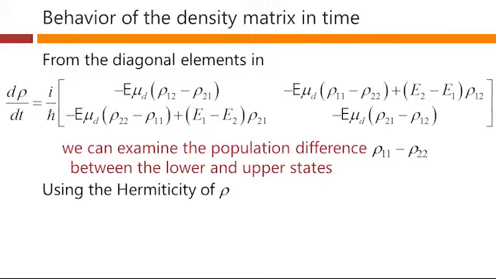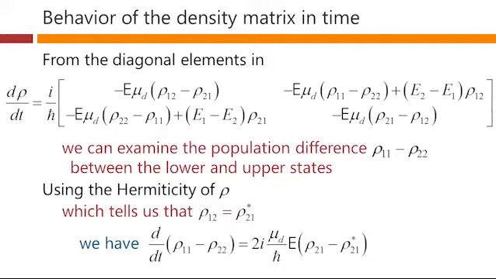Well, the density matrix is Hermitian, which tells us that rho 1,2 is equal to rho 2,1 star. So adding these two together with a minus sign, so rho 1,1 minus rho 2,2, so this one minus this one, gives us this expression here, using also this relation.